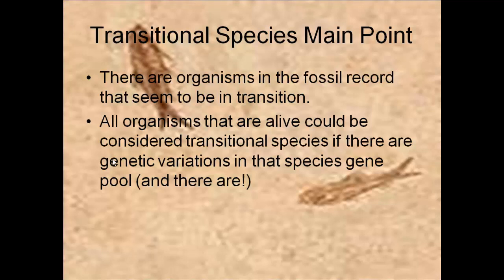I can tell that it's a transitional species because we can lay other fossils down and say, look at this step-by-step change that has occurred within this species. Not yet. We're technically not a transitional species yet because we are still here. In order to be a transitional species, generally speaking, you need to be extinct.